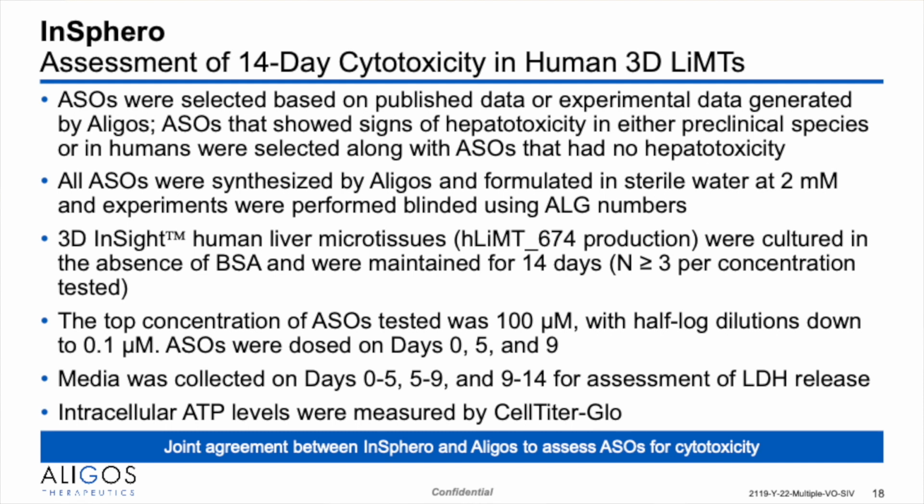We took some ASOs that had shown signs of hepatotoxicity in either a preclinical species or in humans. And then we also had some others that didn't have any hepatotoxicity. So we made all of these ASOs, we formulated them, and sent them only ALG numbers so that they were blinded as to what they were actually treating the spheroids with.